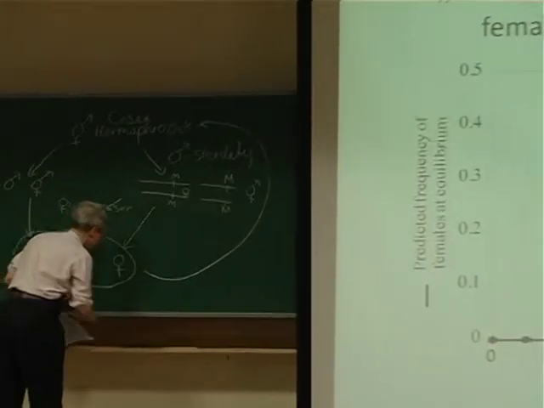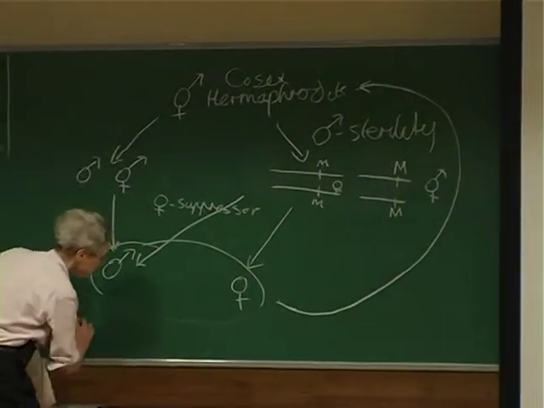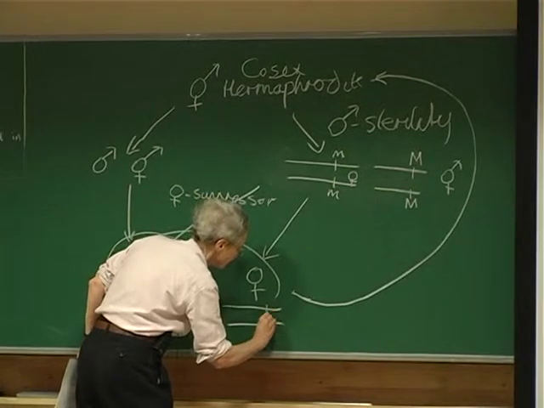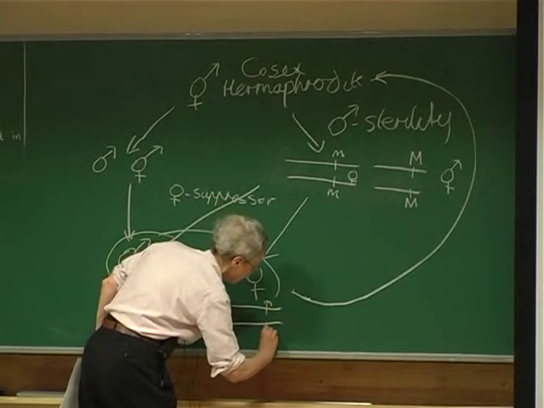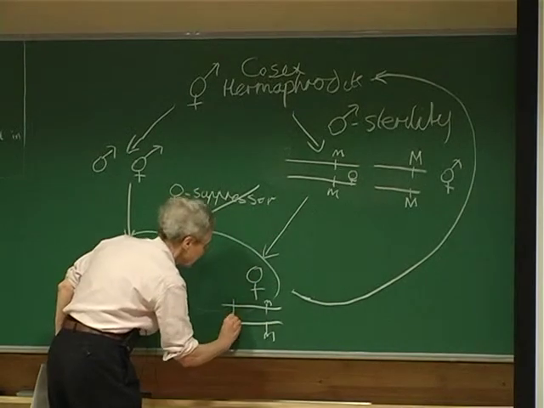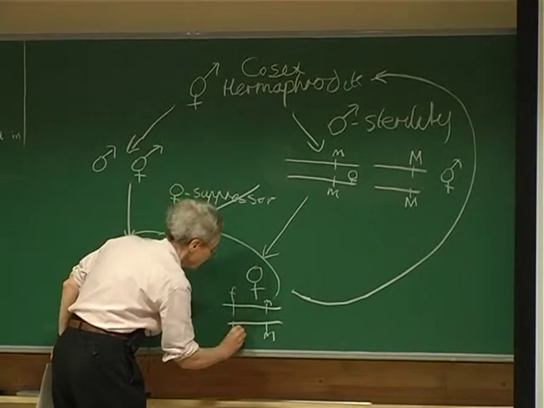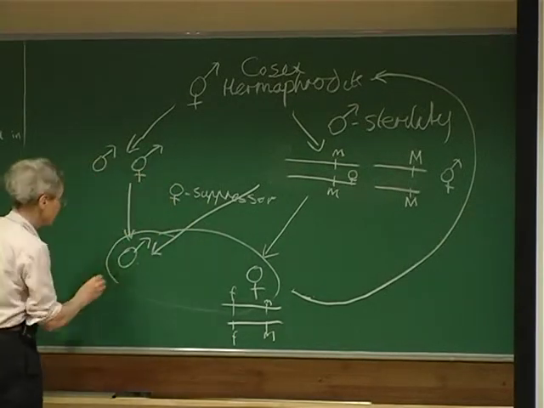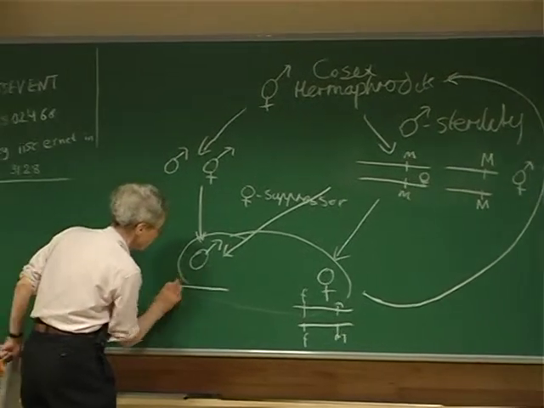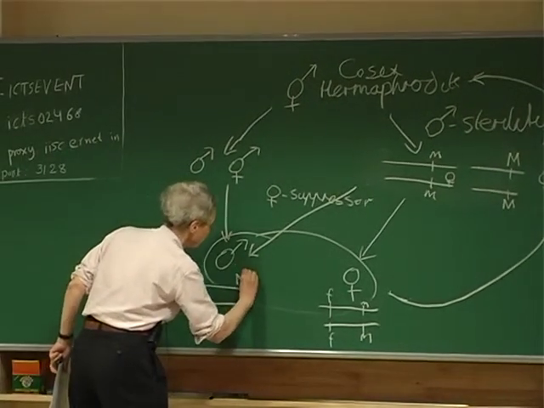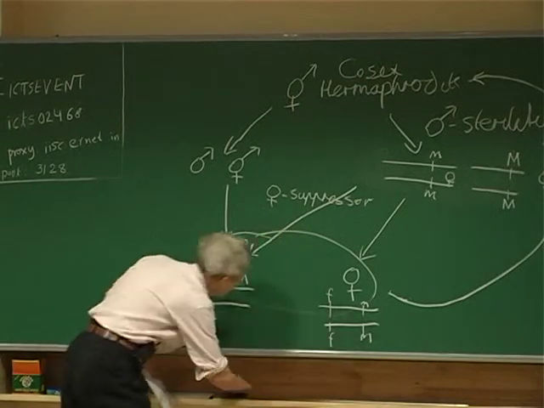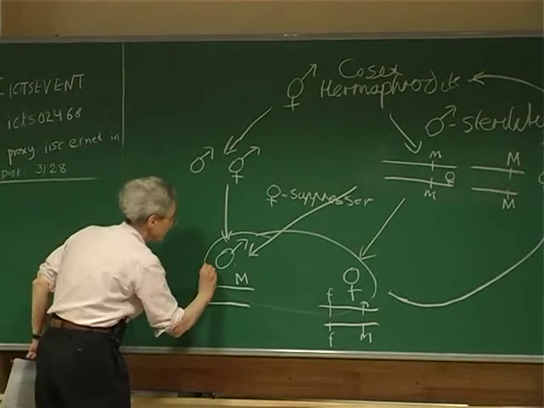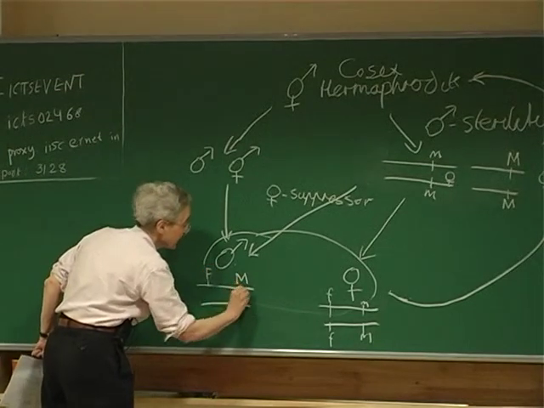I have to draw the genetics again here. The females will be, at the first locus, little m, and at the second locus, we assume that they have a female fertility factor or something like that, and the males will not have little m, and they have a dominant female suppressor at a second locus.